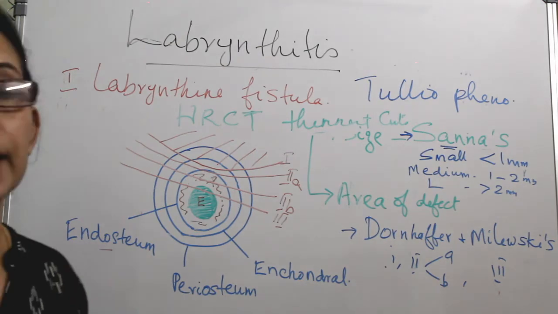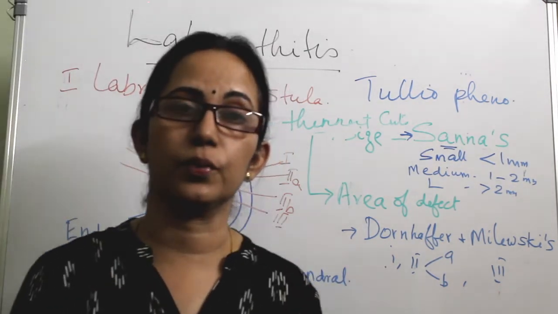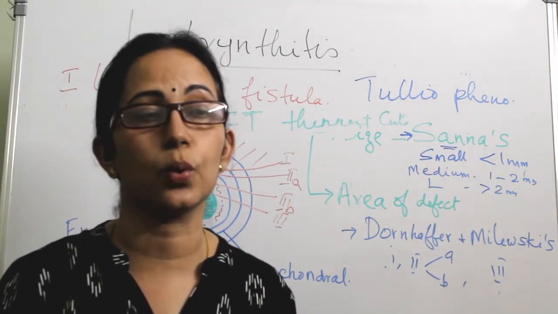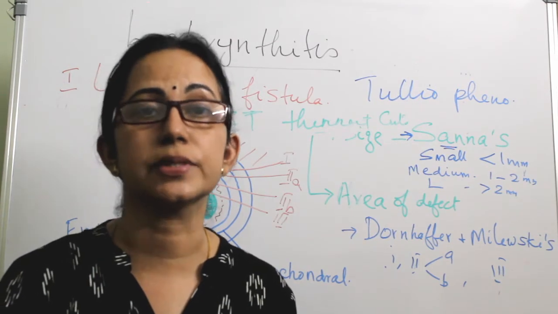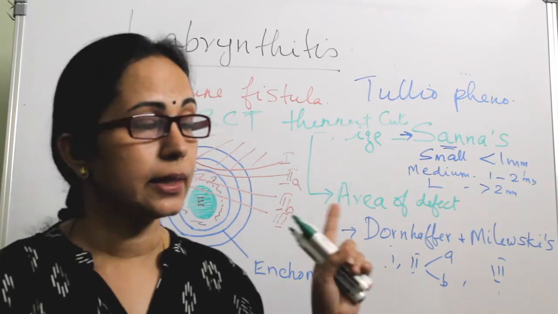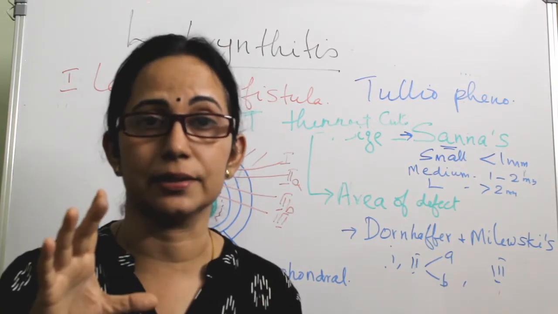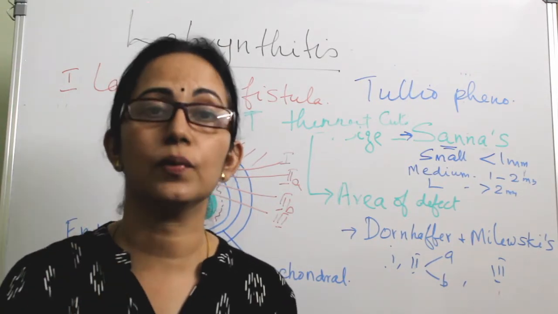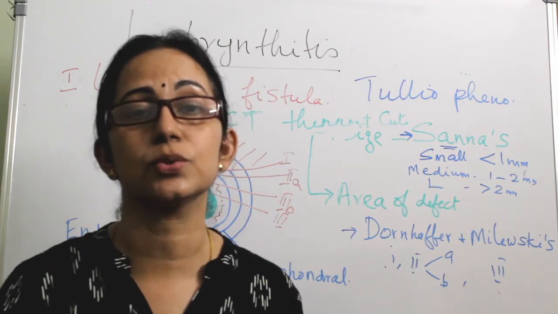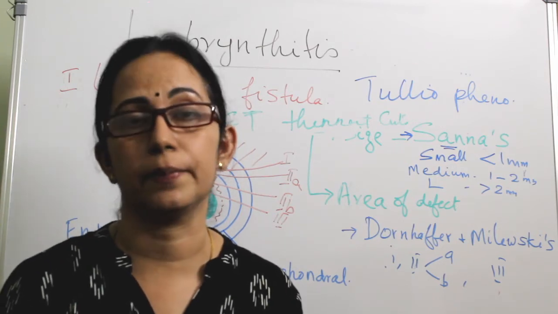That is needed, and 100% confirmation of the defect is only at the time of surgery. If you do a high resolution CT scan with thick cuts, there is a chance that you may miss a labyrinthine fistula.